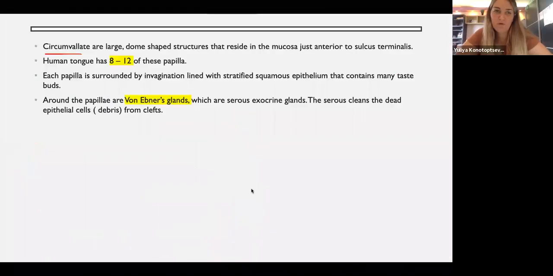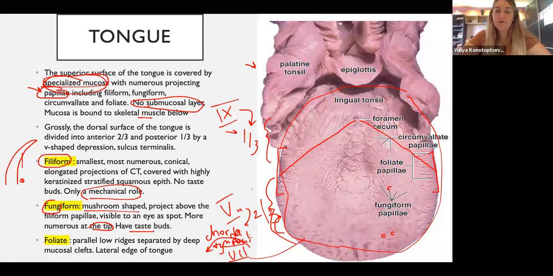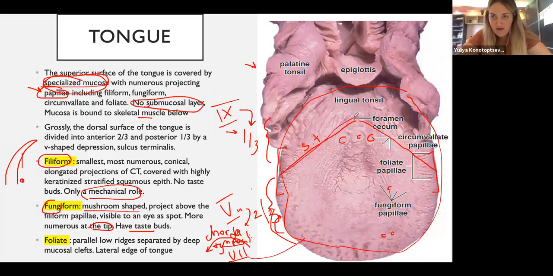I don't see them. Circumvallate are the biggest ones, clearly visible. As you can see, they are located right in front of this imaginary line that we have drawn. By the way, this imaginary line is called sulcus terminalis in anatomy. Okay, so this triangular line right here, it's called sulcus terminalis.